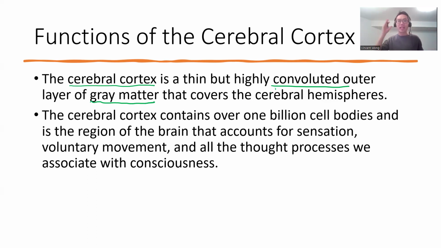That's where all the interneurons are going to be packed in. Remember interneurons, those green ones that I keep on drawing, right? They will receive the sensory information, they will think about what to do, and then they will send out the voluntary motor action, right? So in the cerebral cortex alone, the outer shell of the brain, there are over 1 billion cell bodies. These are, of course, neuronal cell bodies.